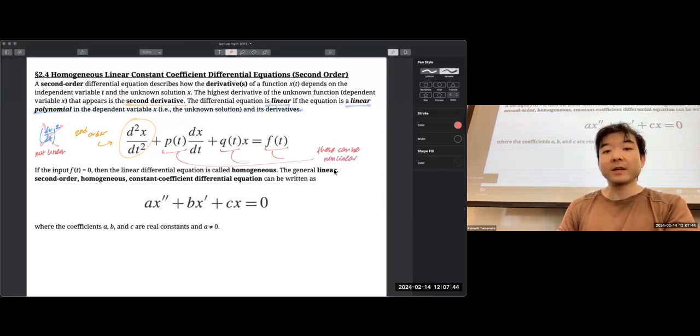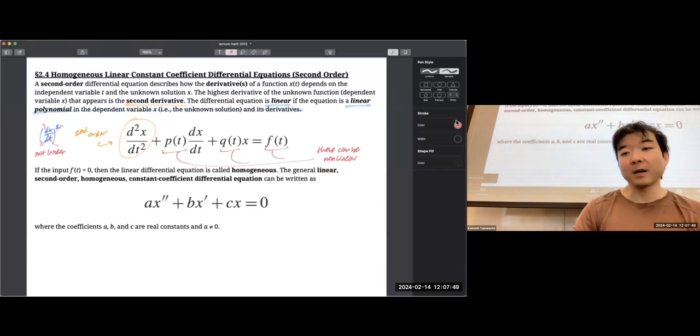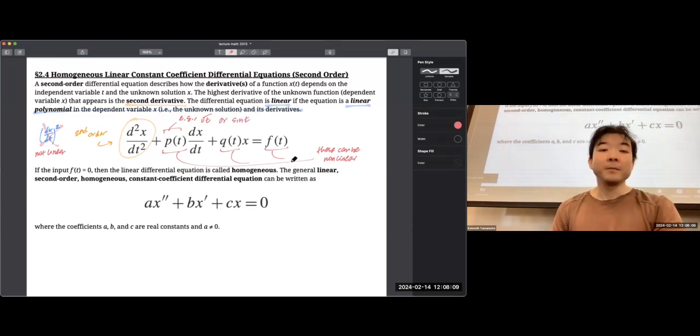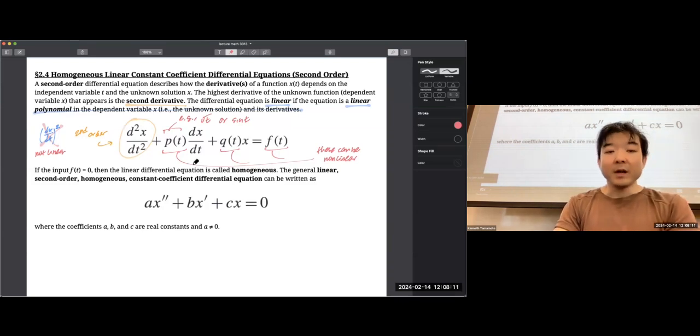These are functions of t, so for instance they could be square root of t or sine of t. The functions of t can be nonlinear, but the x's have to be linear.